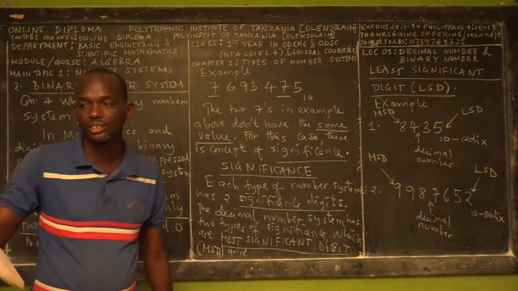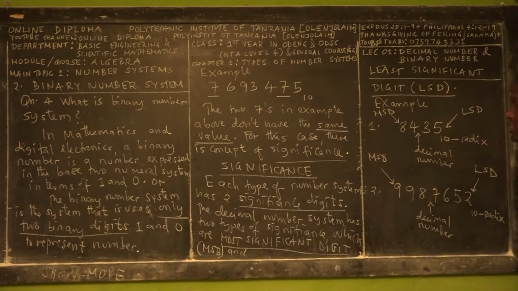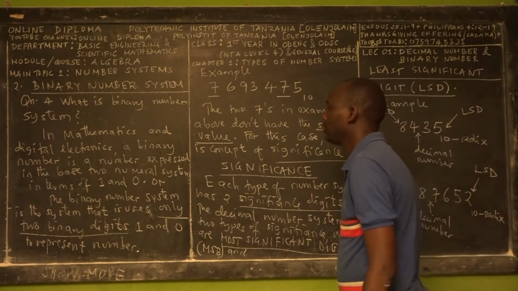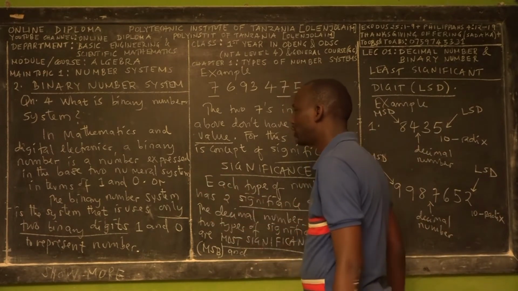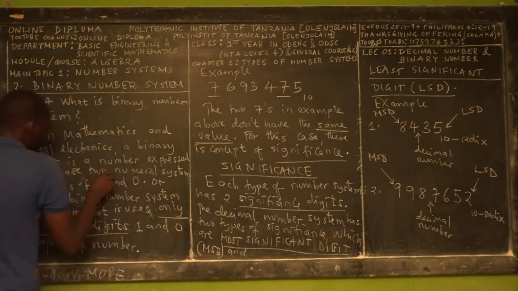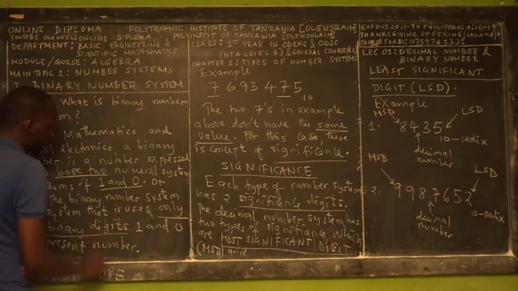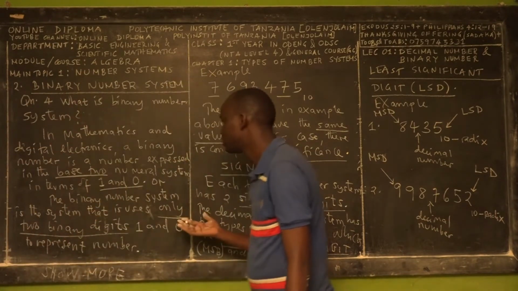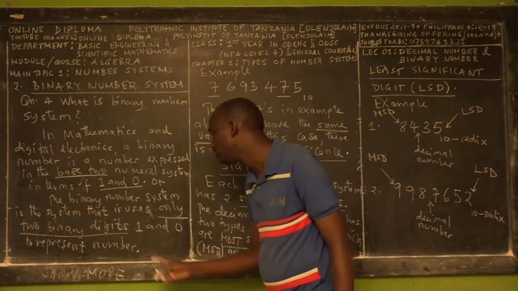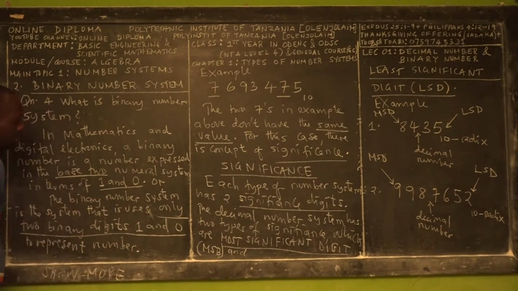So either of the definitions may be used effectively in any context that you've been asked. For the first definition, in mathematics and digital electronics, a binary number is a number expressed in base 2, in terms of 1 and 0. In the second definition, the binary number system is a system that uses only two binary digits, 1 and 0, to represent numbers.